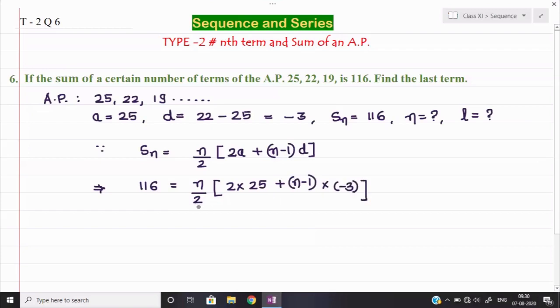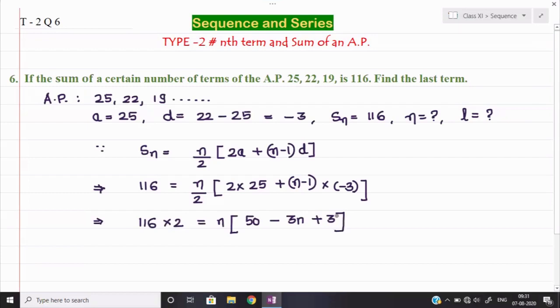This 2 upon 2 is common actually, so the 2 I will shift here, so it will multiply with 116. So 116 multiplied by 2 is equal to n into the bracket 2 into 25, which is 50, minus 3n, and then plus 3.